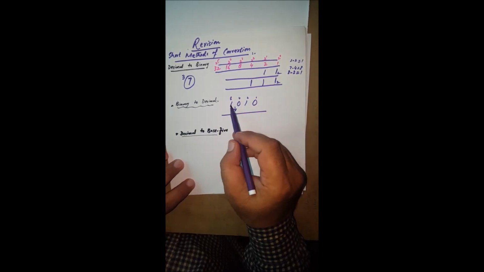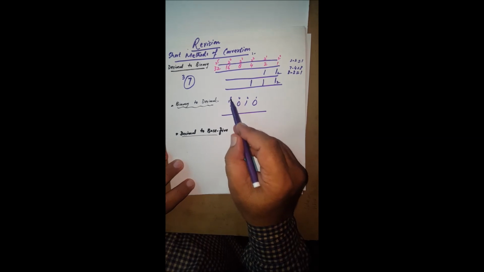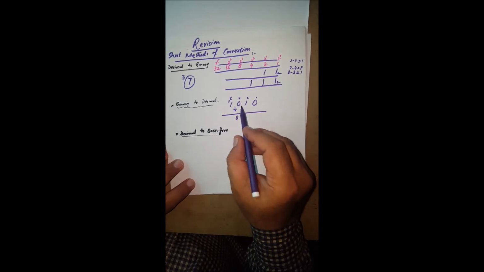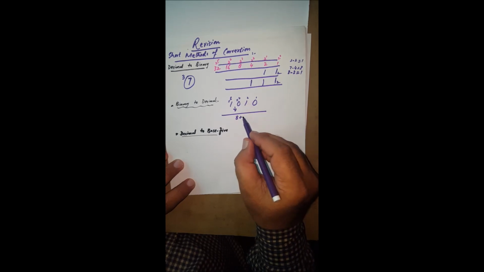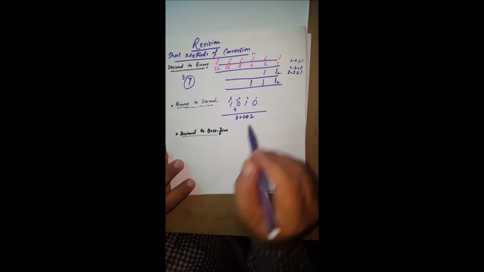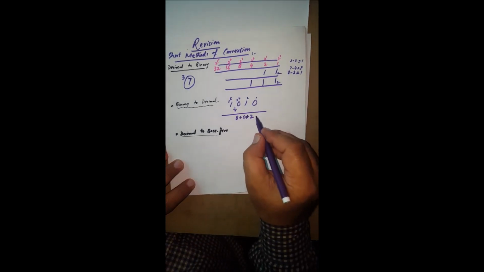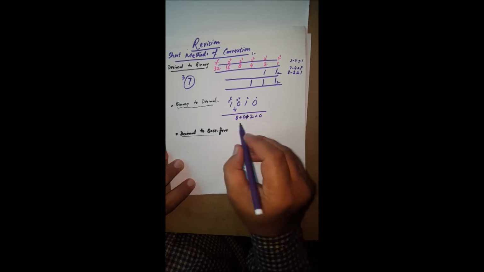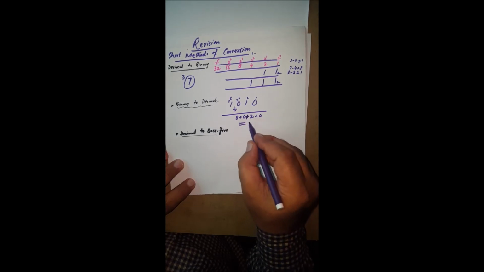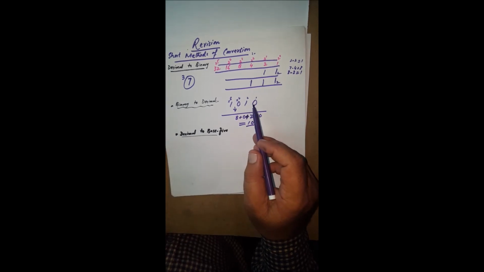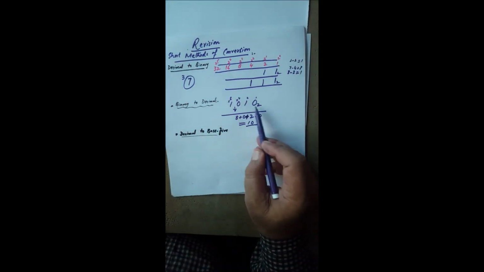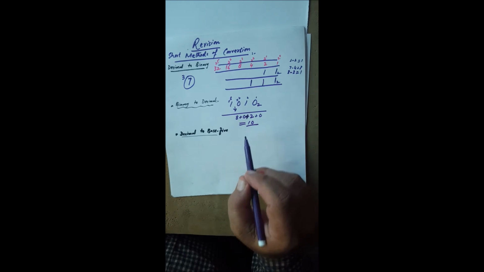Now we have to multiply these numbers. 1 multiplied by 8 is equal to 8, plus 0 multiplied by 4 is equal to 0, plus 1 multiplied by 2 is equal to 2, plus 0 multiplied by 1 is equal to 0. So the answer is 8 plus 2 is equal to 10. So the binary number 1010 is equal to 10 in decimal.